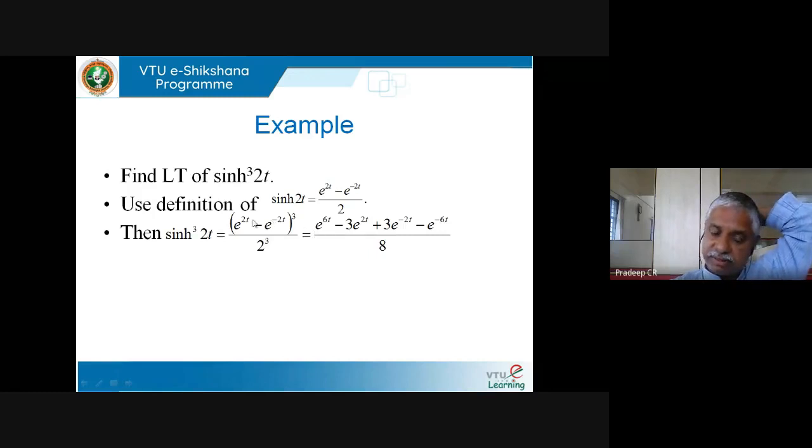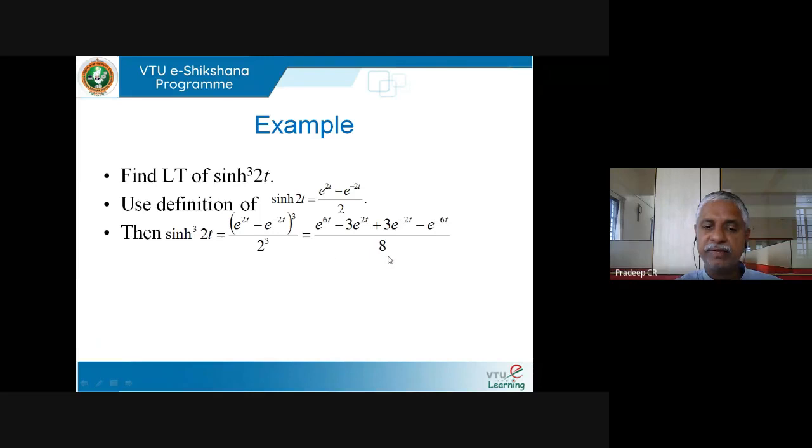Then a square is e power 4t into e power minus 2t, so I have e power 2t, and similarly plus 3ab square. a is e power 2t, b square is e power minus 4t, so I have e power minus 2t, so plus 3 e power minus 2t, minus e power minus 2t whole cube, which is e power minus 6t, divided by 8.